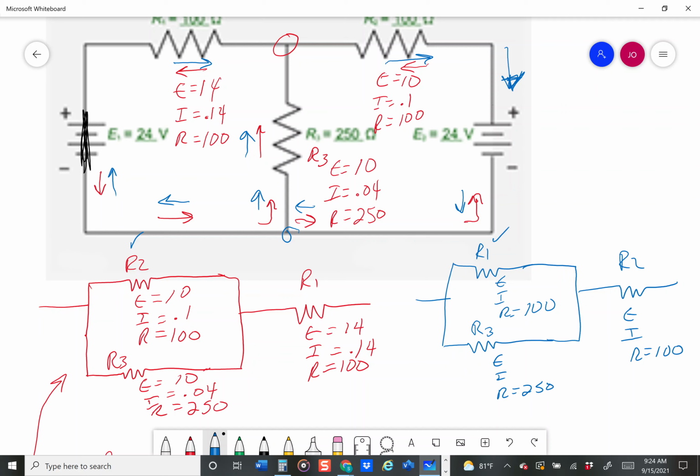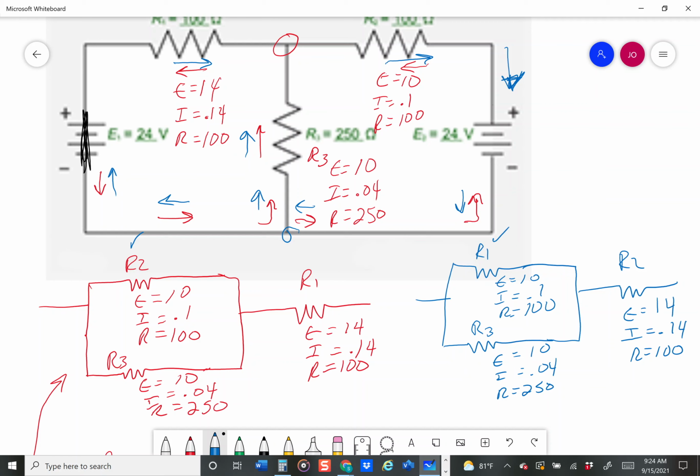So I really don't have to do any work at all. I can just move these numbers that are in R2 over to R1 and say that this is 10 volts and 0.1 amps. And this is 10 volts and 0.04 amps. And this is 14 volts and 0.14 amps. If you want to. If not, you can solve all the way down.